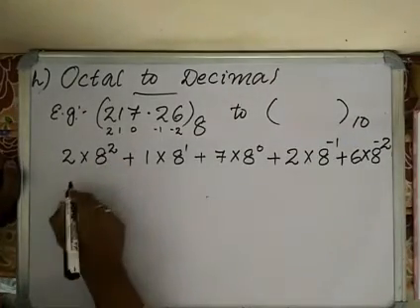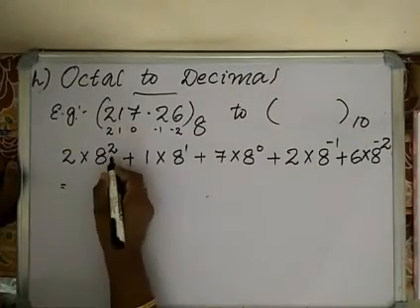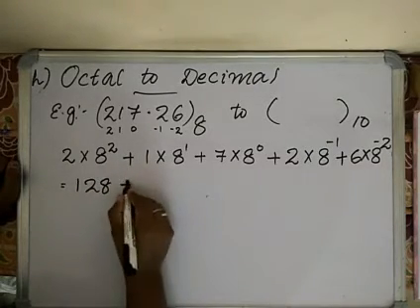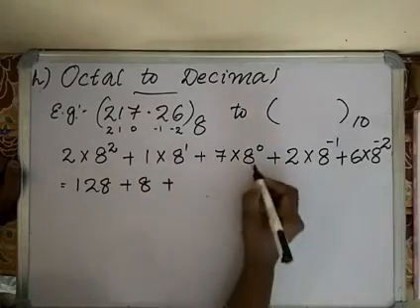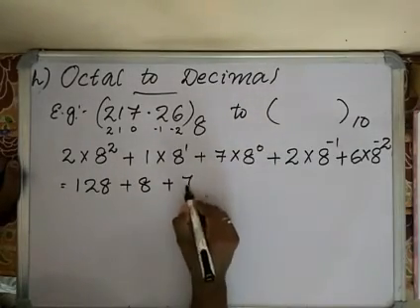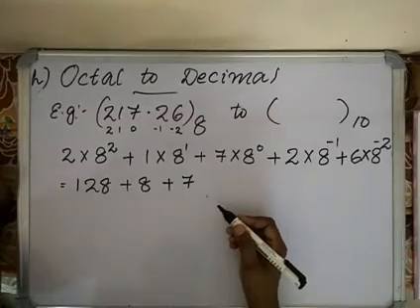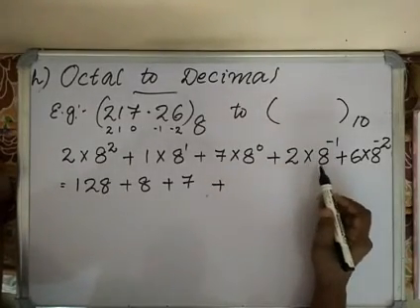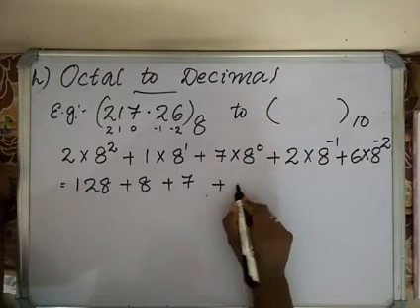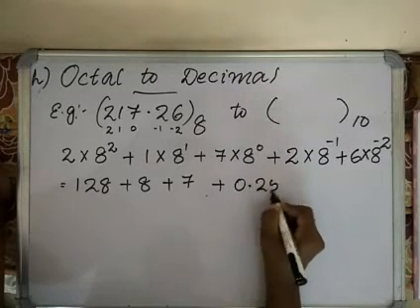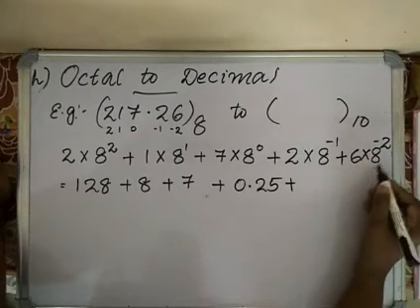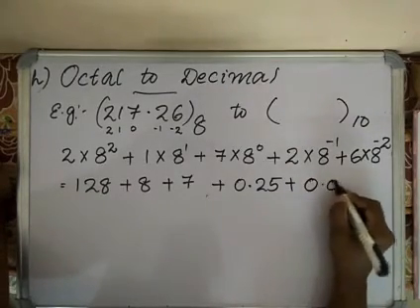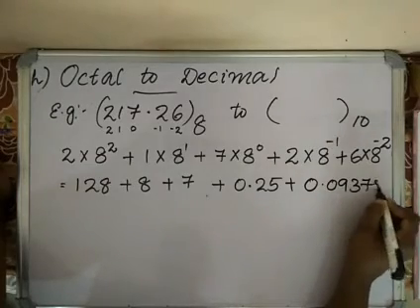So we can write it as 8 squared is 64, into 2 is 128, plus 8, plus 8 raised to 0 is 1, so 7 multiplied with 1 is 7, plus 2 into 1 by 8, that is 0.25, plus 6 by 64, and it is 0.09375.